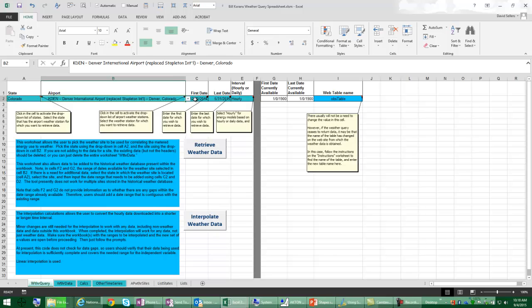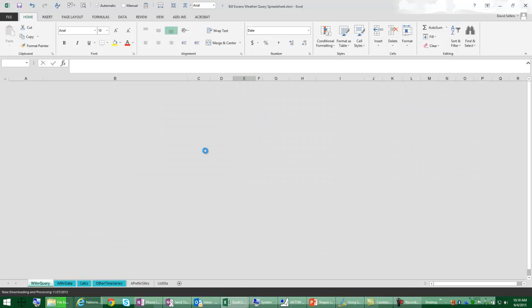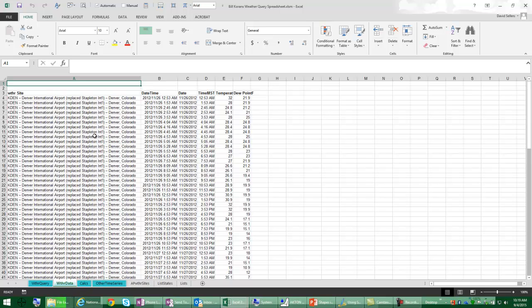So I'm going to pick in here 11/26/2012 and 11/29/2012. I'm going to keep the hourly, and I'm basically going to say let's retrieve that data. And so it's off thinking about it here for a minute. And it's done. Now if you ask for a year, it'll take longer than that. But basically, there's my data.